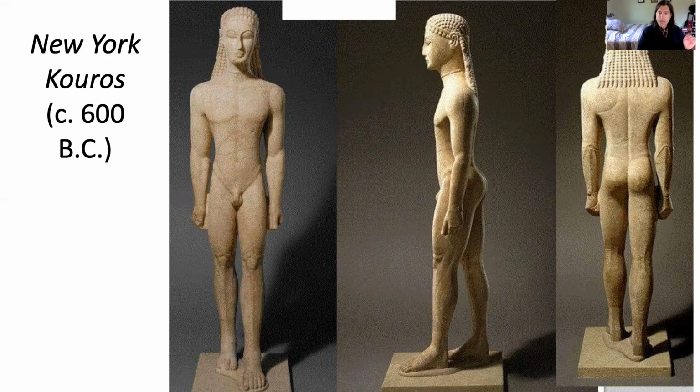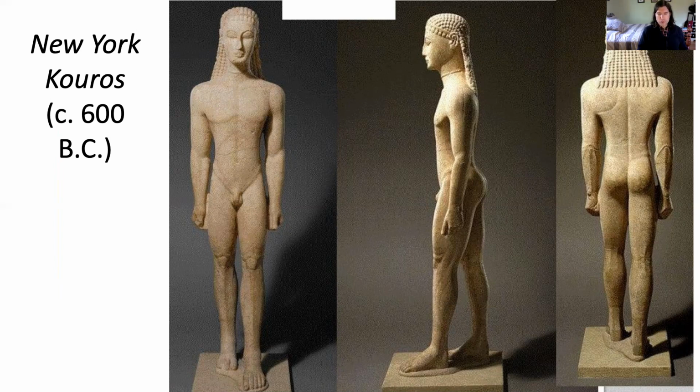There were many of these kouroi sculptures created in archaic Greece, and they either functioned as grave markers or they commemorated individuals at religious sanctuaries. And they tended to be life-size or close to life-size. This New York kouros is about 6 feet tall, so life-size.